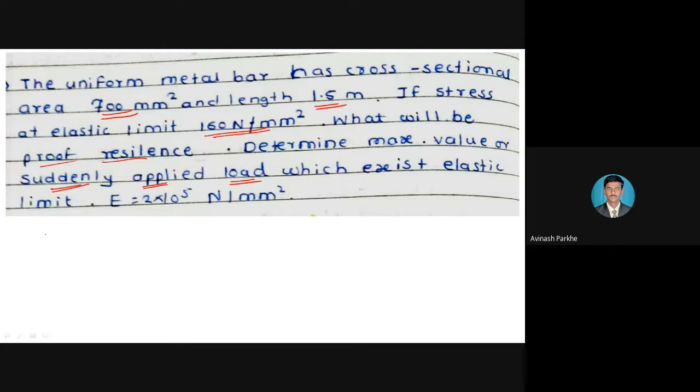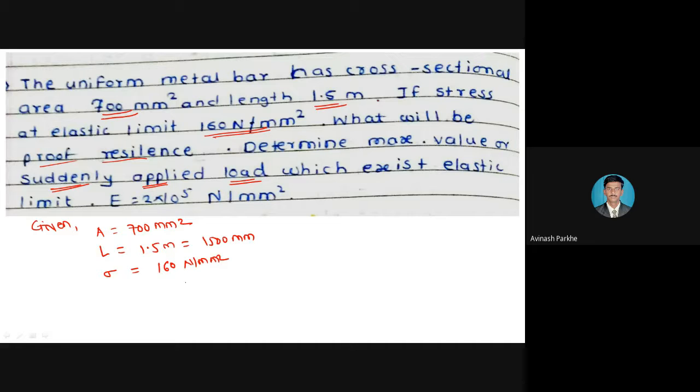If I write down the given parameters, the cross-sectional area is given directly: 700 mm square. Length is 1.5 meter, which is 1500 mm. Then sigma, the stress at elastic limit, is 160 Newton per mm square.